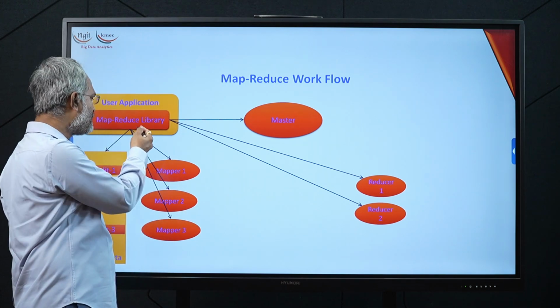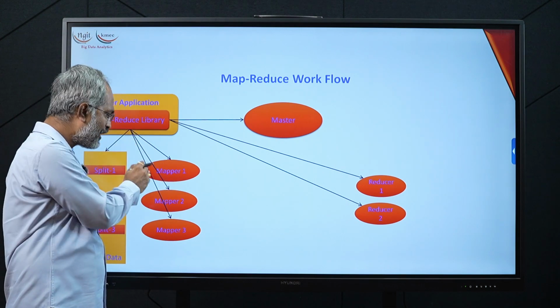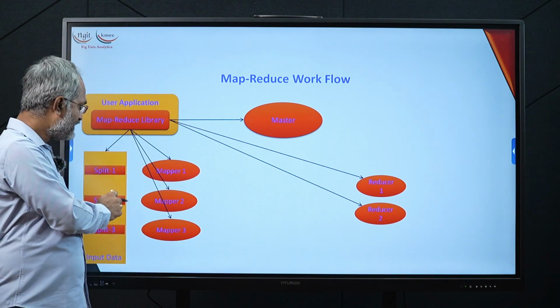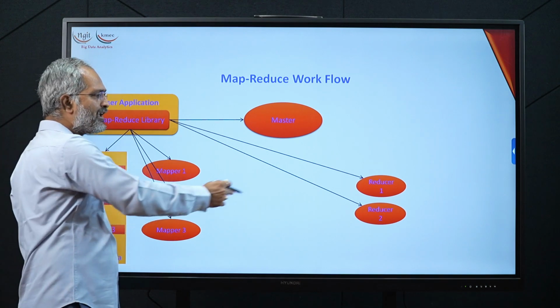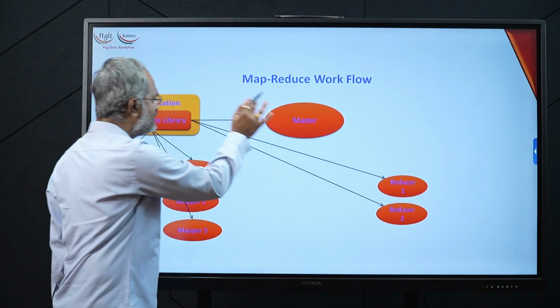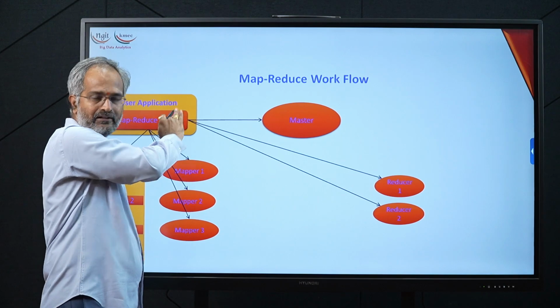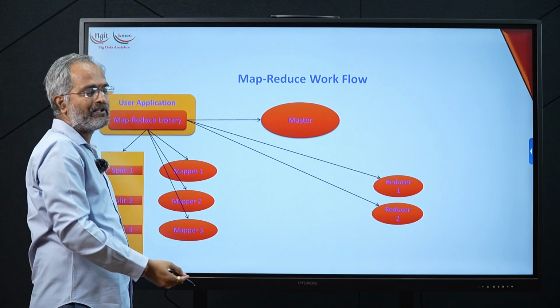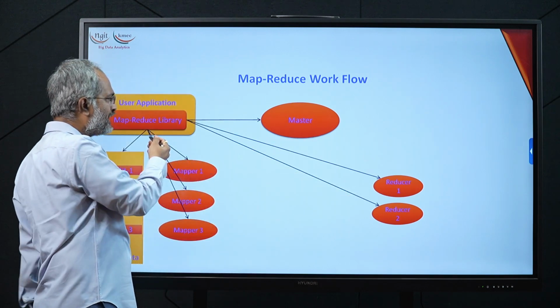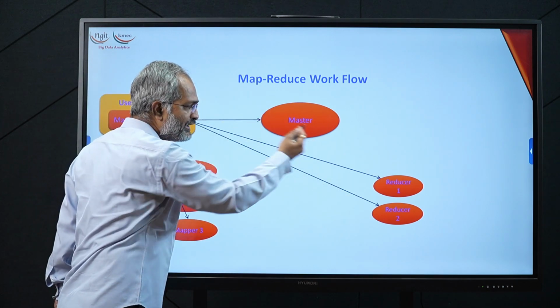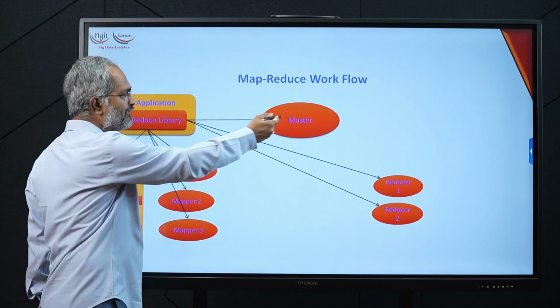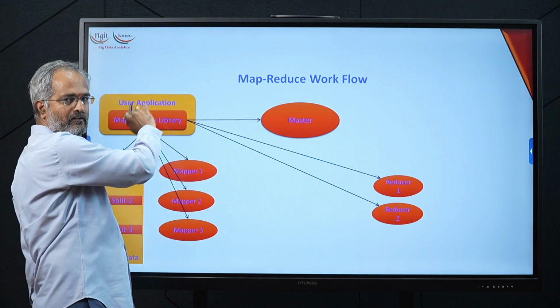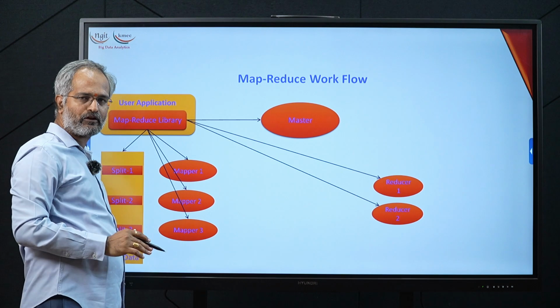The MapReduce library will decide how many mappers are required, based on the number of splits, and how many reducers are required, based on the user requirement. The user will specify how many outputs are required, and that many reducers are required, so it will create two reducer processes and one master process. This master process will be placed on the master machine.